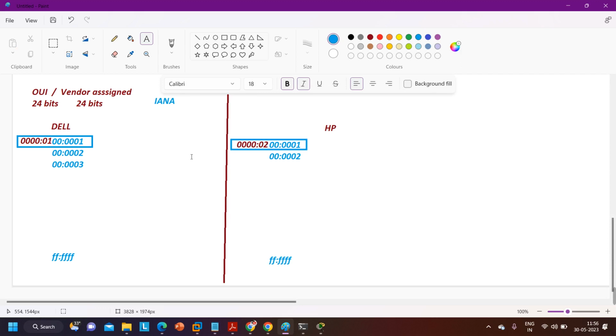We have total 12 characters in it, and we represent MAC address in hexadecimal. That's why we have 12 characters. And there are two parts in MAC address. First one is OUI, second one is vendor assign. Every vendor company needs to purchase OUI from the organization whose name is IANA, and they have to assign 24 bits by themselves. And this is how my MAC address is globally unique.